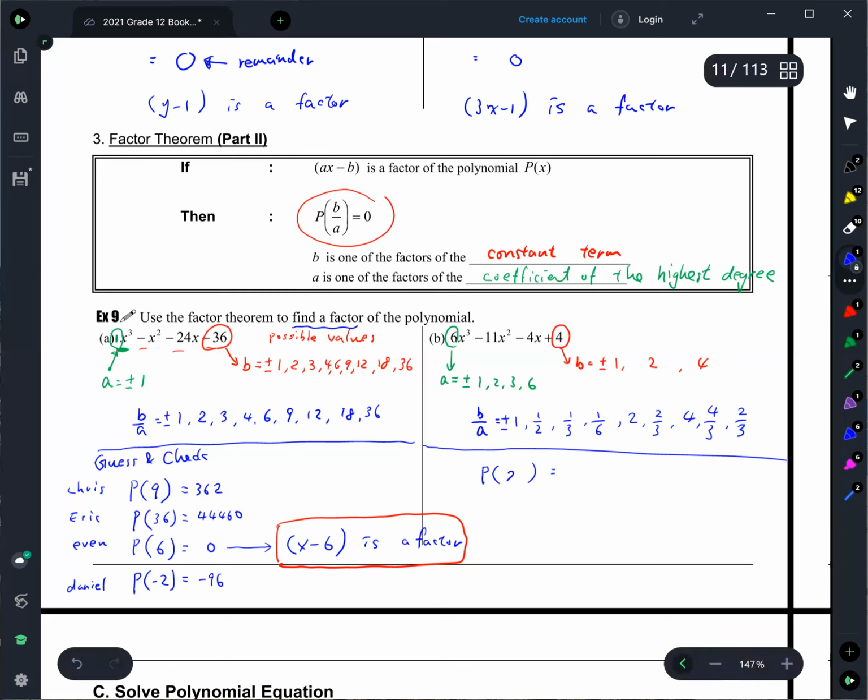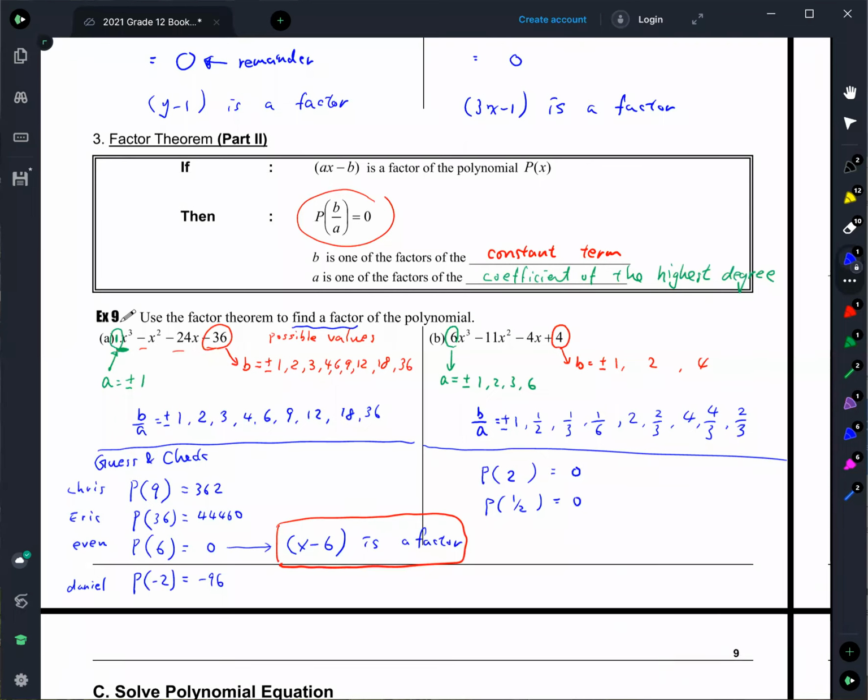Okay, so P of 2 equals 0. Sophie, how about you? I also did 2. Angela? I did 1/2. 1/2, very good. Anyone else? Chris? 1/2. Daniel? 2. Susan? 1/2. Anyone else got other than 2 and 1/2?